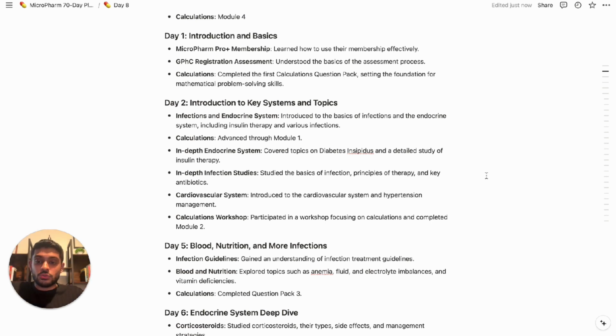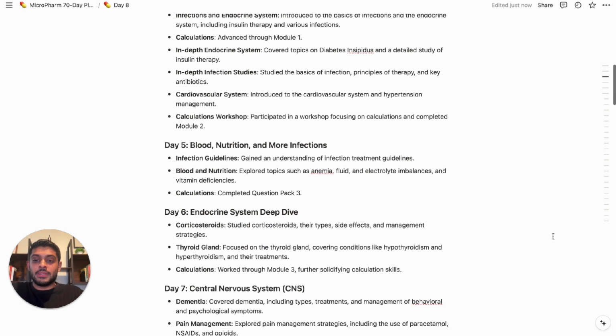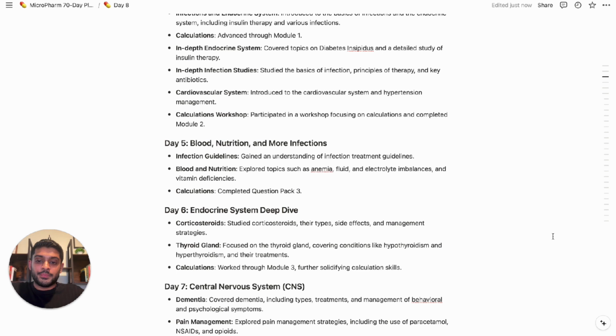I then told you to get started on calculations related content. In particular, I told you to go through calculation question pack 1. Then day 2, we focused on infections and endocrine system calculations. And I also asked you, in the following days, to go through the cardiovascular system and the calculations workshop.